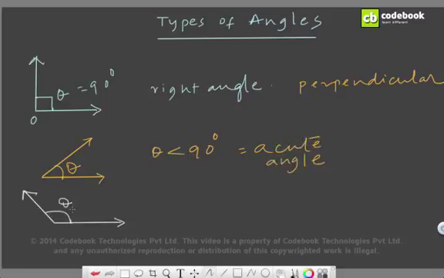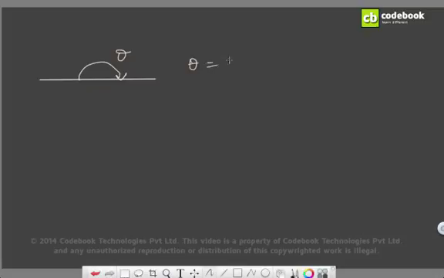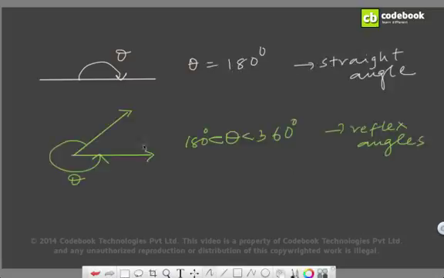On the other hand, if theta is greater than 90 degrees, we call that an obtuse angle. If theta is equal to 180 degrees as seen here, we call this a straight angle. Whereas if theta lies between 180 and 360 degrees, we call that angle a reflex angle.